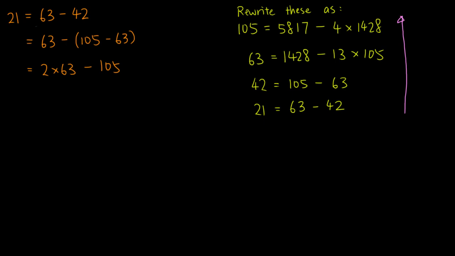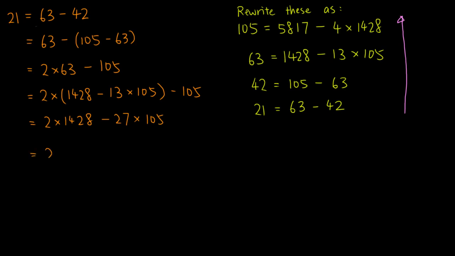Again, we can substitute the expression for 63 from the second line to get 2 times bracket 1428 minus 13 times 105 minus 105, which equals 2 times 1428 minus 27 times 105.